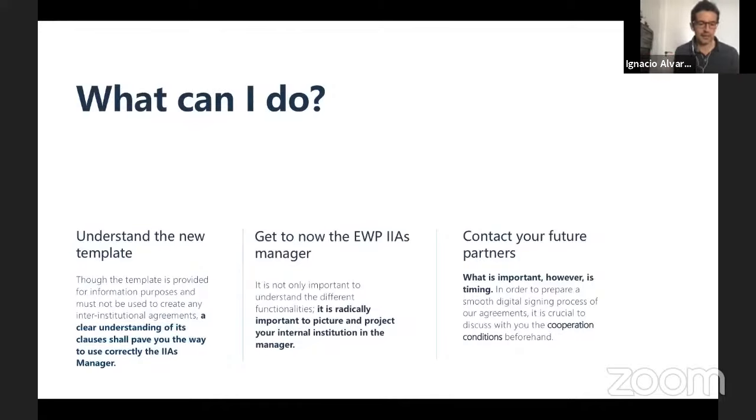And do actually contact now your future partners about that other section of the interinstitutional agreement as such, which is the terms and conditions, what we have seen about the actual terms of the cooperation with our future partners.